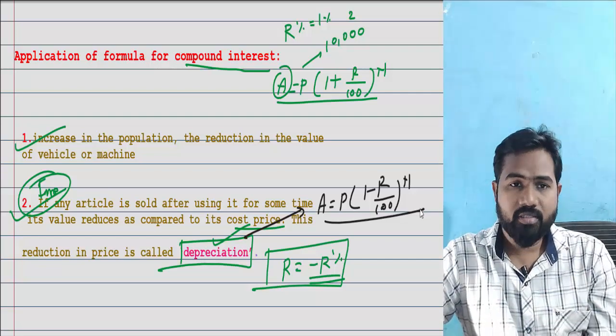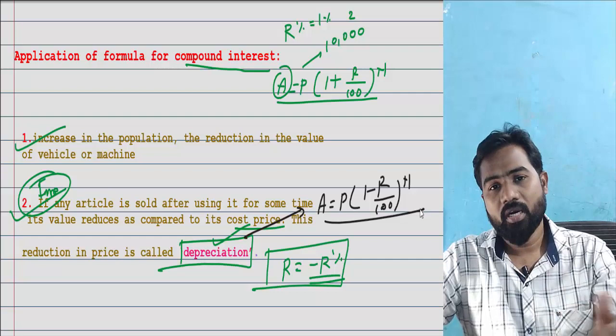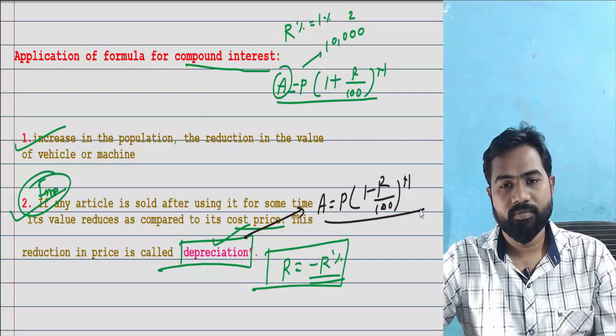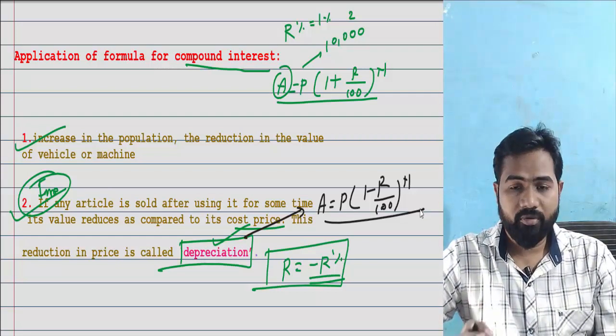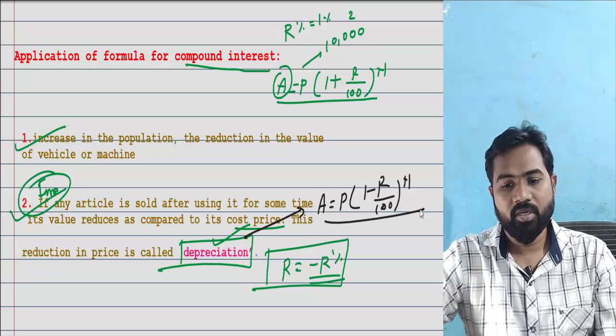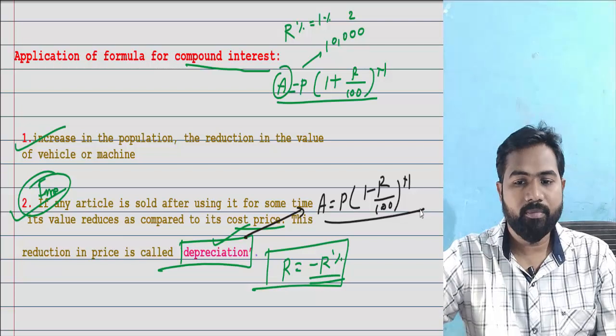Is that clear? Because in such a case the cost price of a product is going to decrease after 2 years, 3 years, depending on n. Clear? So only when the word depreciation comes, you have to use the minus formula. A equals P into 1 minus R divided by 100, whole to the power n.